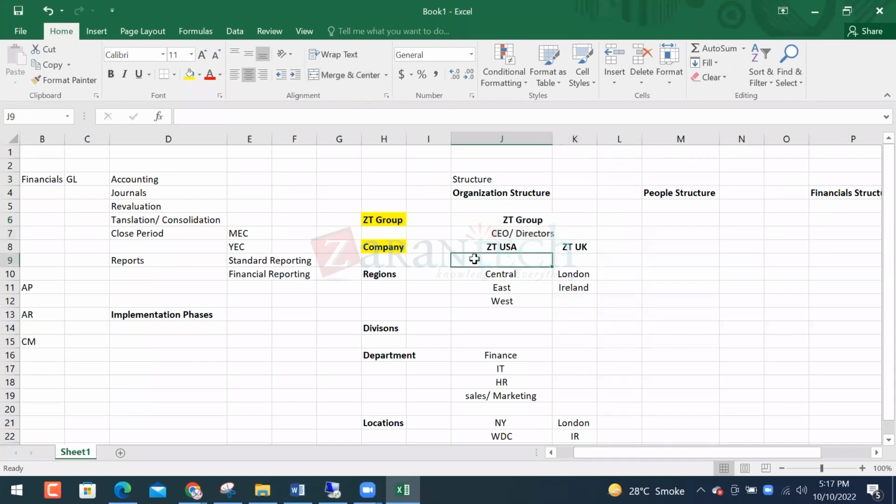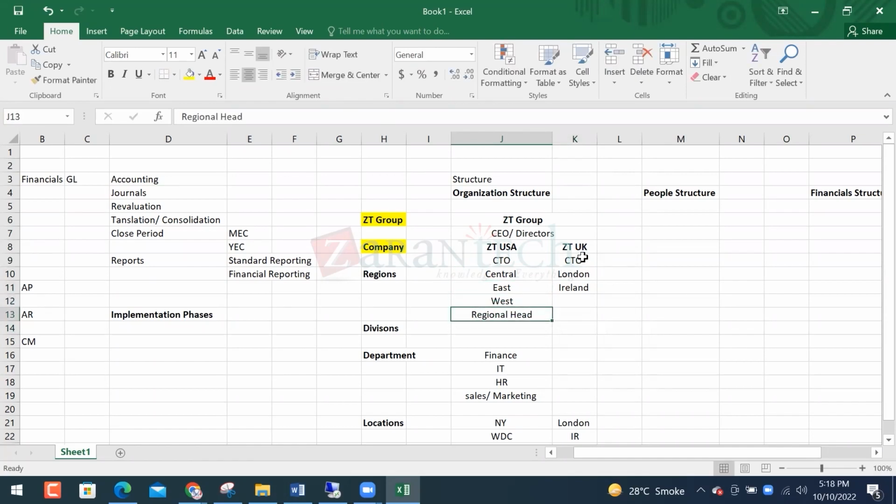Similarly, if I have a company, then we have a company head, or we can say we have a CTO. So the respective CTOs are assigned to the respective company. Then I have a regional head.